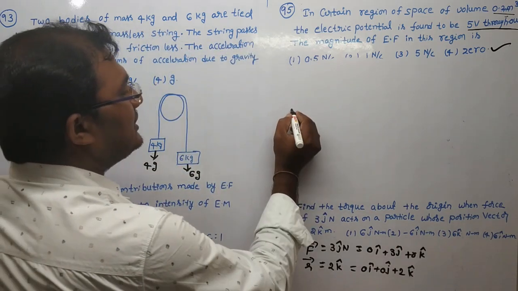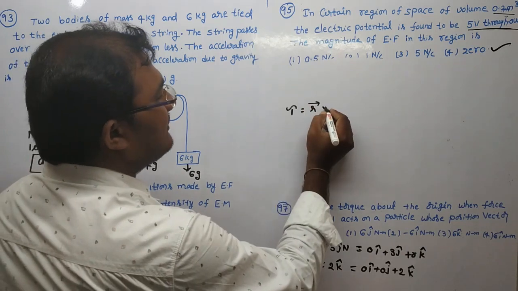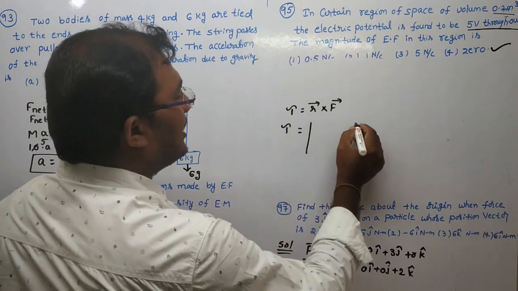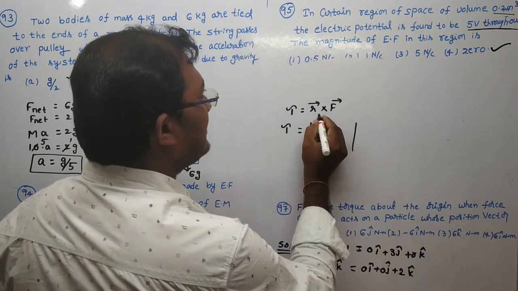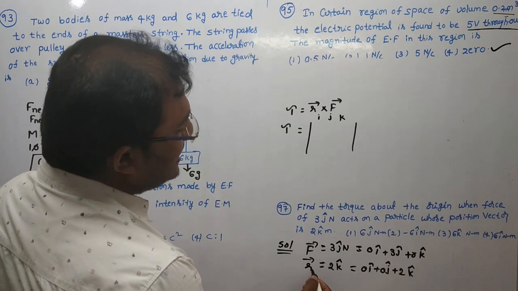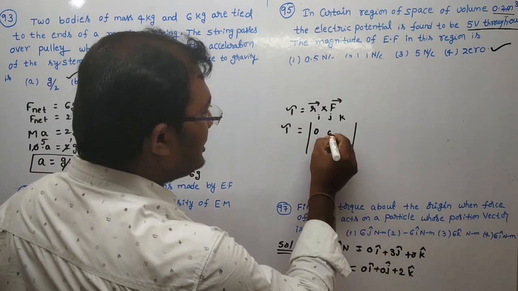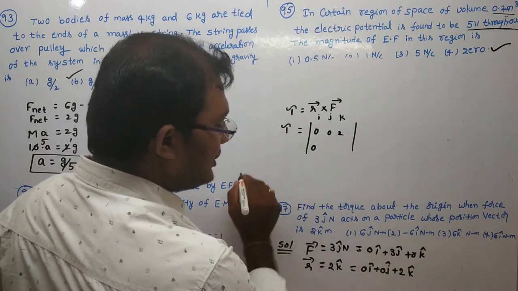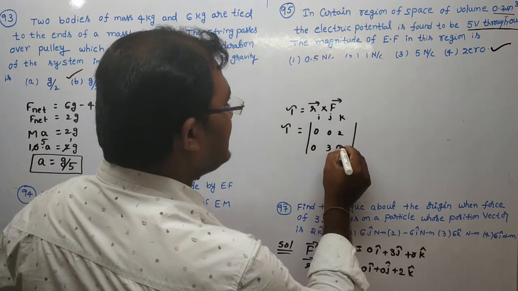We know that the torque tau is nothing but the cross product of position vector and force vector. Therefore, the cross product of position vector and force vector is given as follows. The vector components of r bar are 0, 0, 2, and force components are 0, 3 and 0.